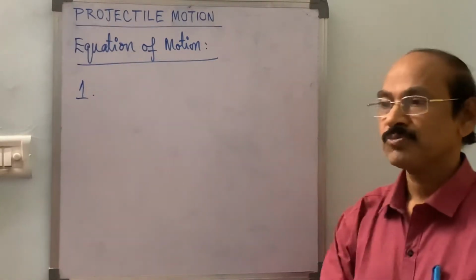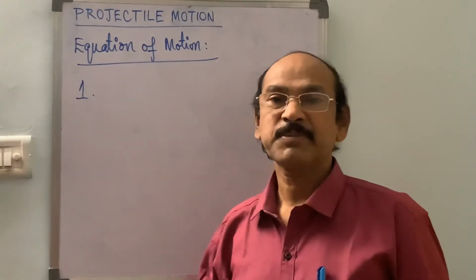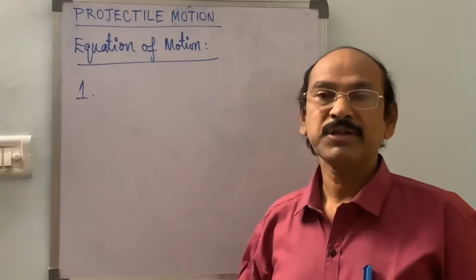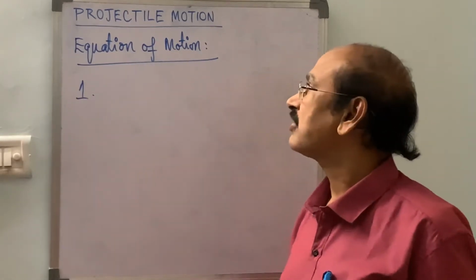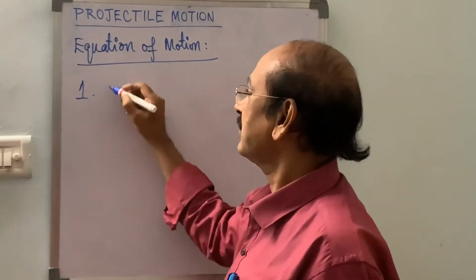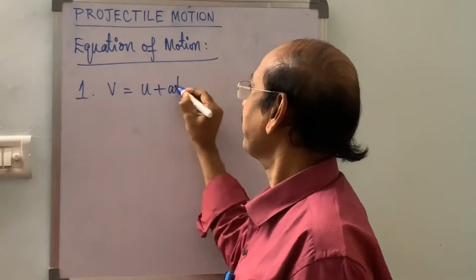When the position of the body changes with respect to time, then it is said to be in motion. The motion of the body is governed by certain laws. So the laws of motion or equations of motion are stated as v equal to u plus at.